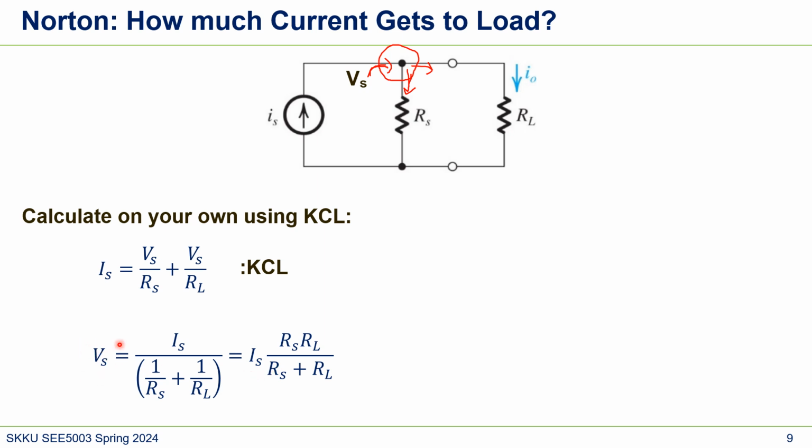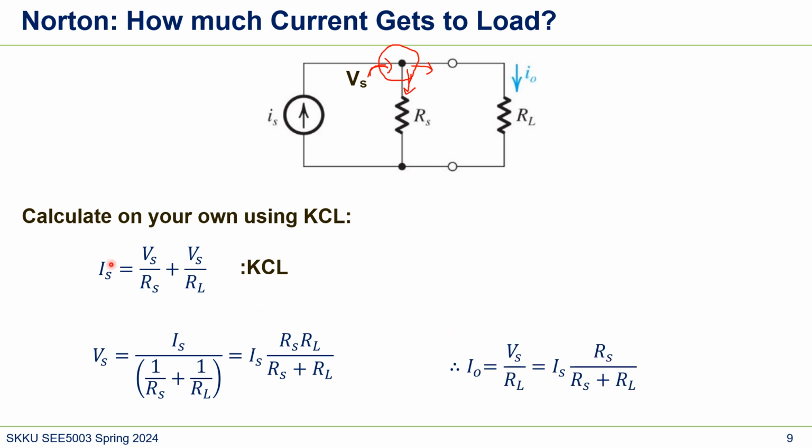Since V is Ri, voltage is resistance times current. So when you see the order, it's fine, right? Current, and there are two resistors divided by a resistor, so the order of this part is resistor, so current times resistor is voltage. I think it's a good habit to check this order.